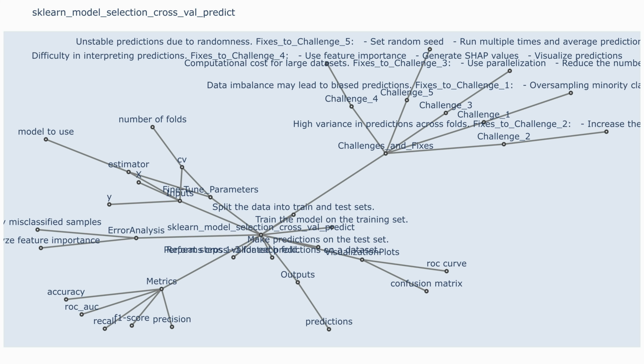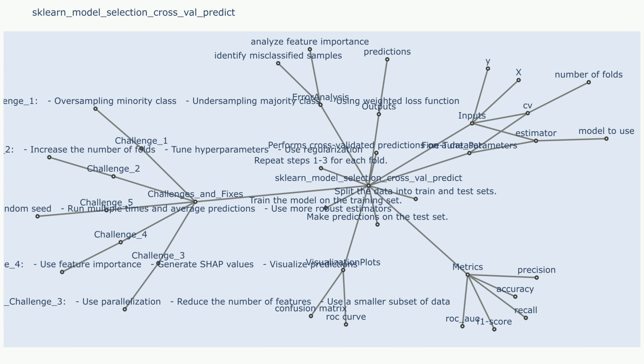Inputs. Estimator. This is the machine learning model you want to evaluate. It should be an instance of a class from scikit-learn's model selection module. Example: logistic regression, random forest classifier, etc. X. This is your input feature matrix.